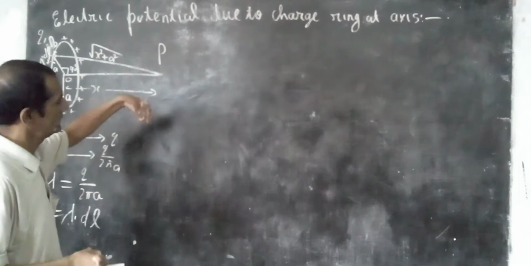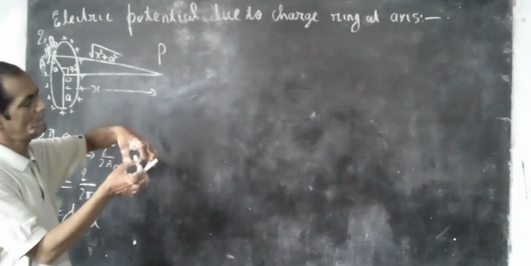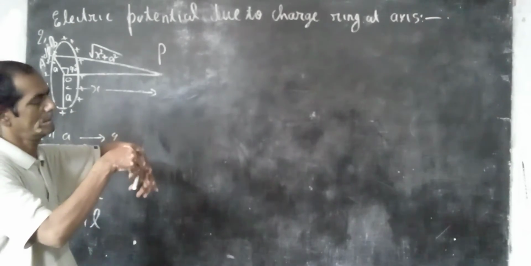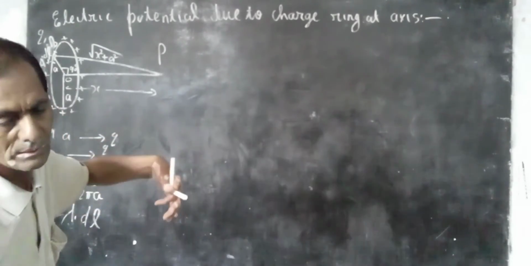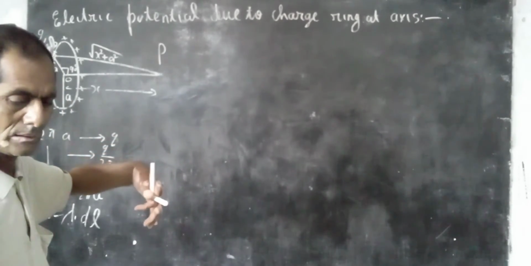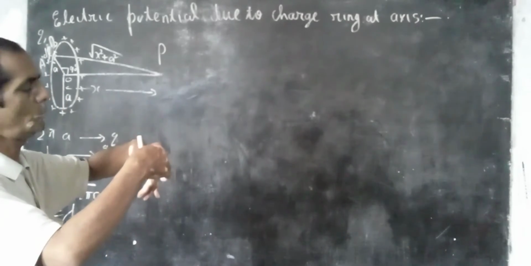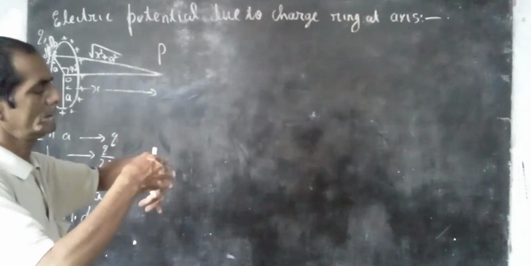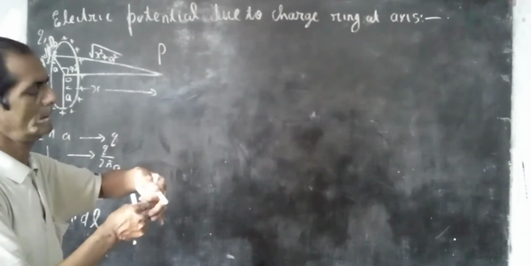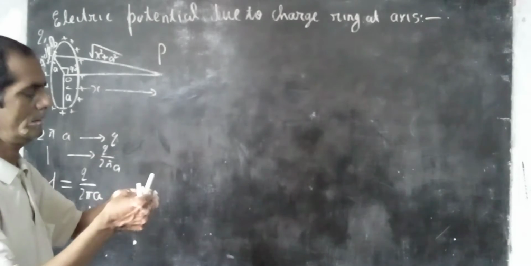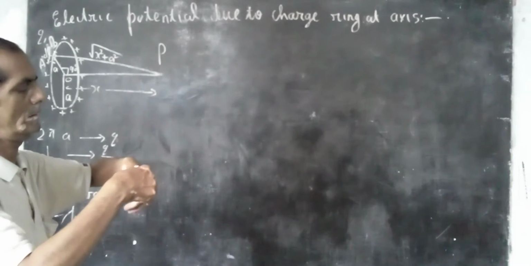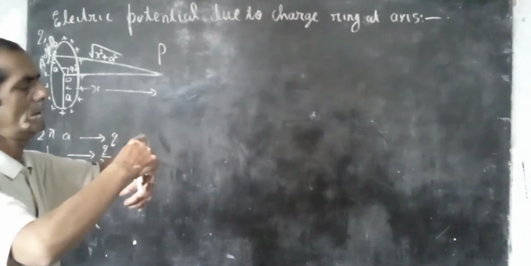Look, this is your main plane, the vertical plane. This is your axis, and this is your radius. And this is the line joining the circumference to the point P. So this angle is 90 degrees and this becomes the hypotenuse.